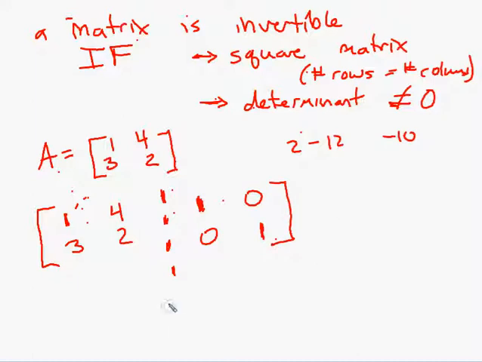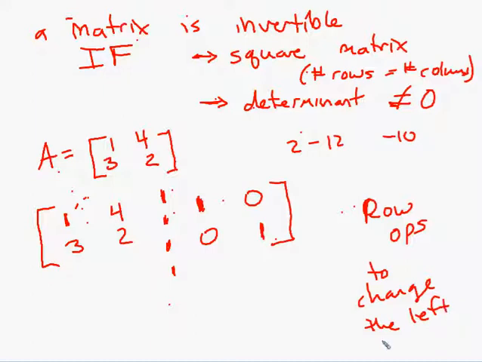And what I'm going to do is I'm going to do row operations to change the left to the identity matrix.